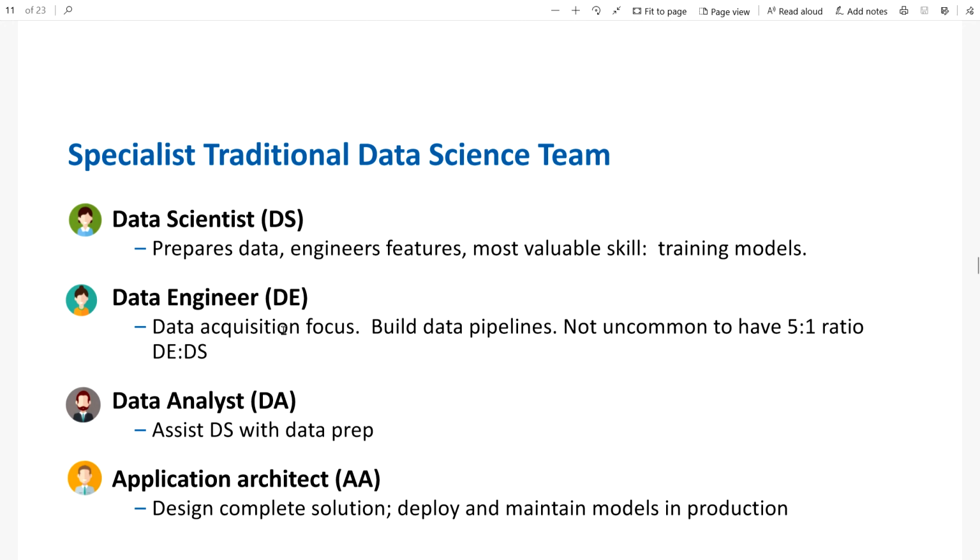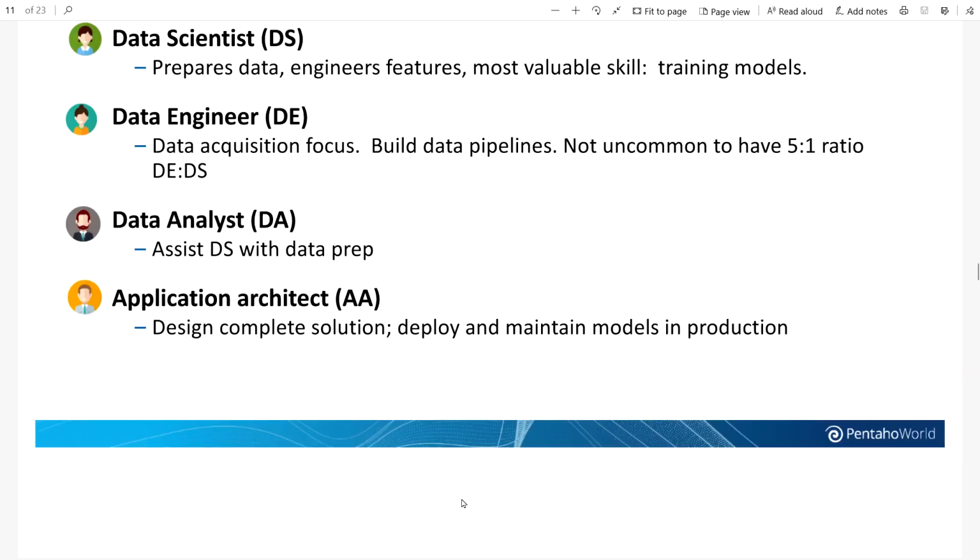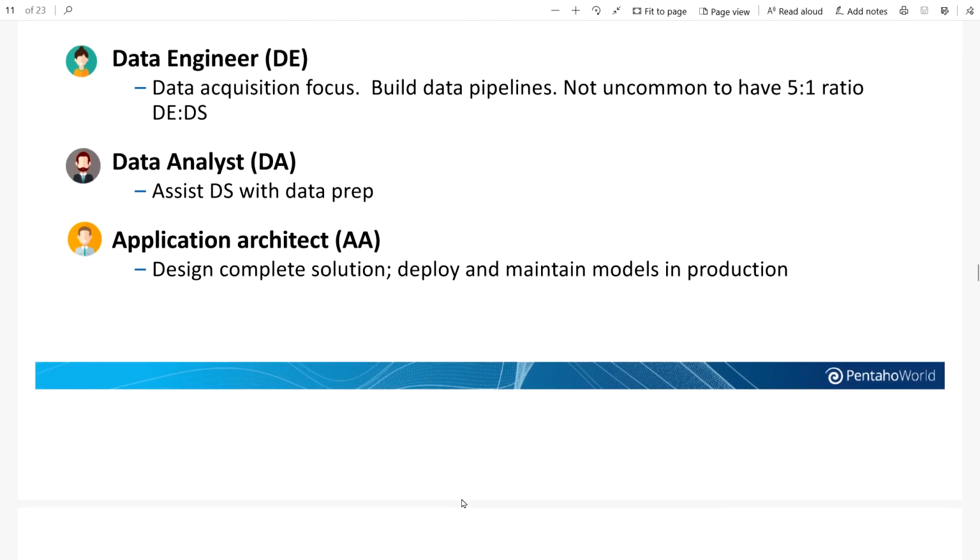Then comes the data engineer who builds data pipelines, not uncommon at a 5:1 ratio. And the data analyst who assists the data scientist with data preparation, and the application architect who designs a complete solution and deploys and maintains models in production. That's the whole data science framework.